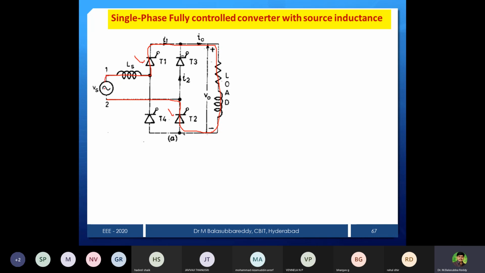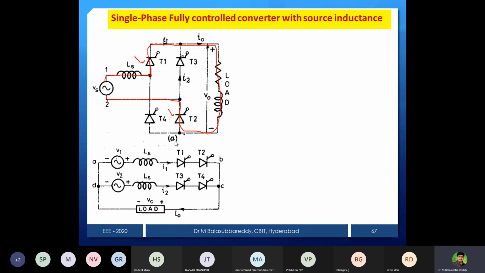This is our output voltage across the load, the same as the source voltage. The inductor will store energy. The equivalent circuit if T1, T2 is conducting is: source, inductor, T1, T2 and then the load. That is the loop.